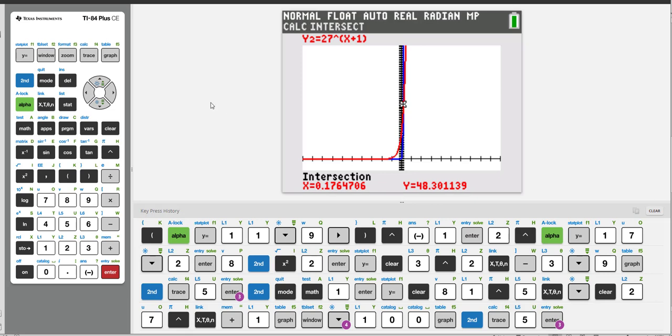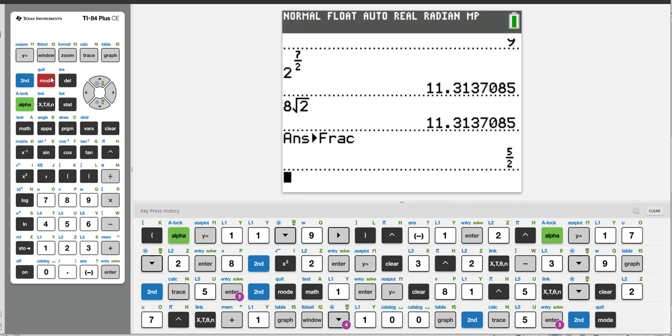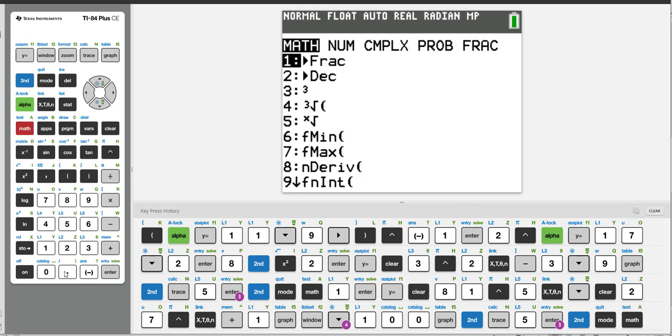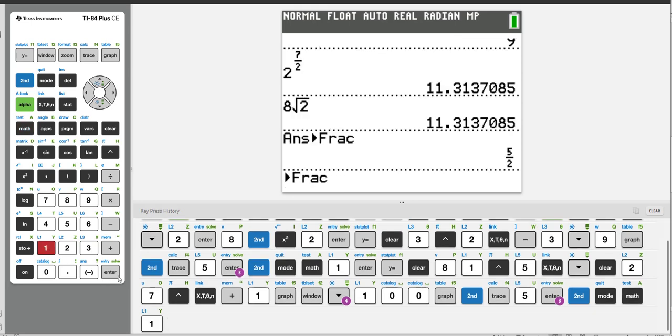To do this, press second, quit. Press math and select number 1, frac for fraction. If there is not an answer before the arrow frac, like on the previous line, you need to put it in.